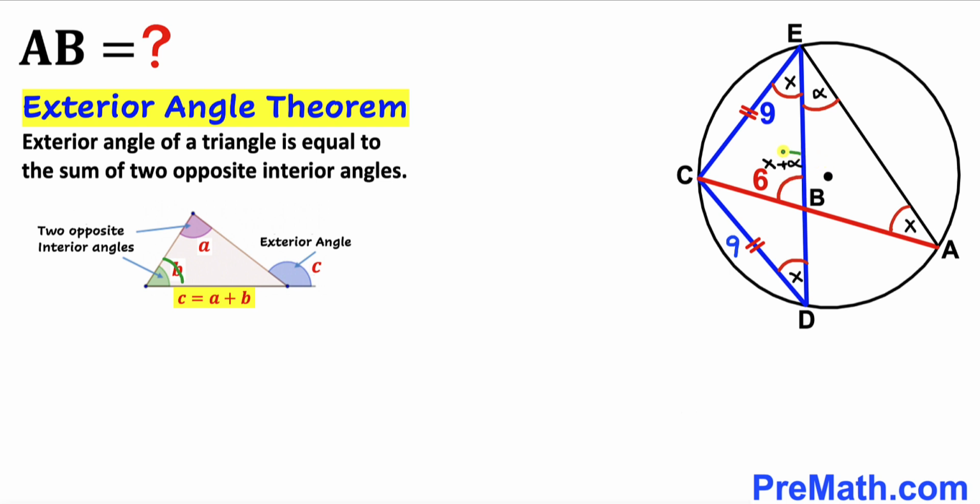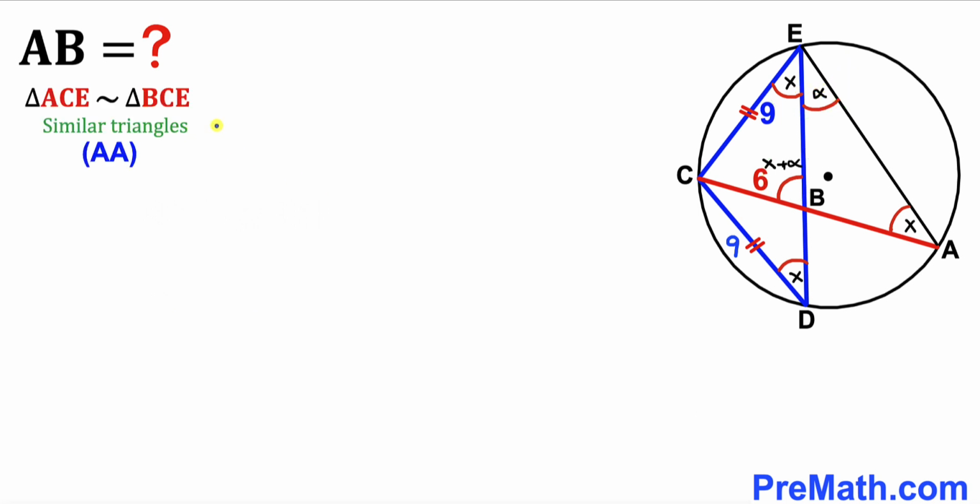So this angle turns out to be X plus alpha, and likewise this whole angle is X plus alpha as well. So we can see that this big triangle ACE is similar to this other triangle BCE according to the angle similarity theorem. So we are going to have a proportion.